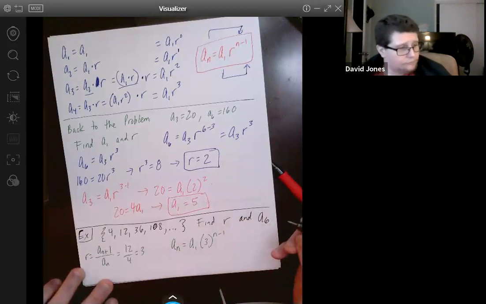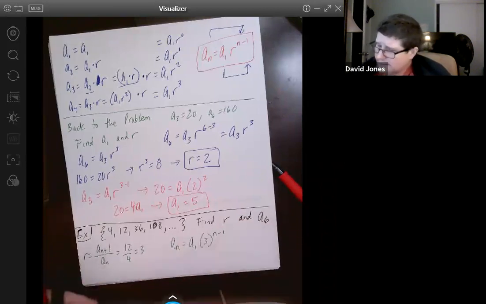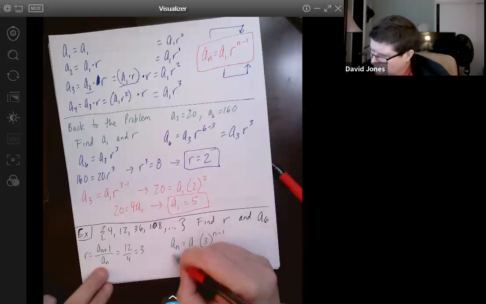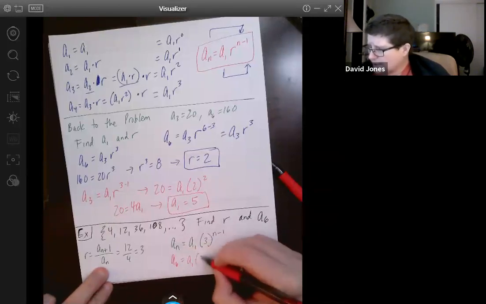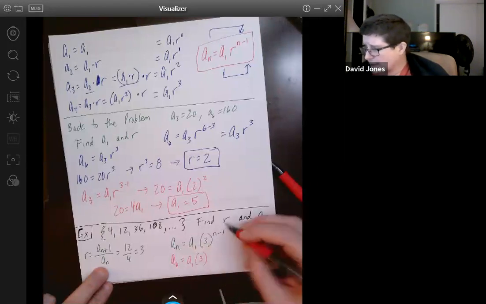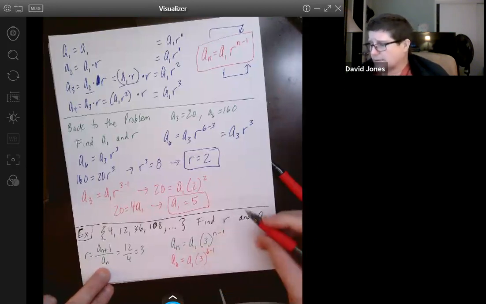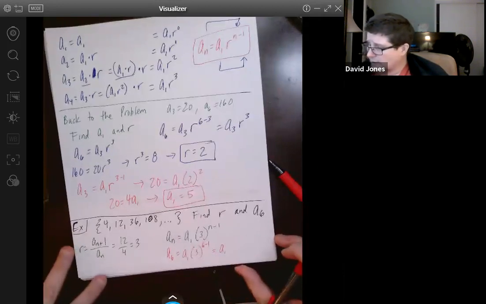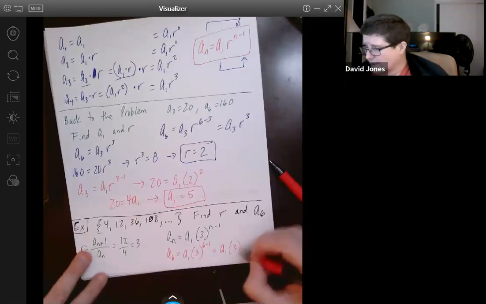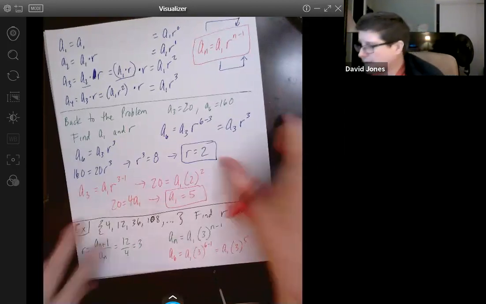And if we want a sub 6, a sub 1 times 3 to the n minus 1 is 6 minus 1, which is a sub 1 times 3 to the 5th power. What is 3 to the 5th power?